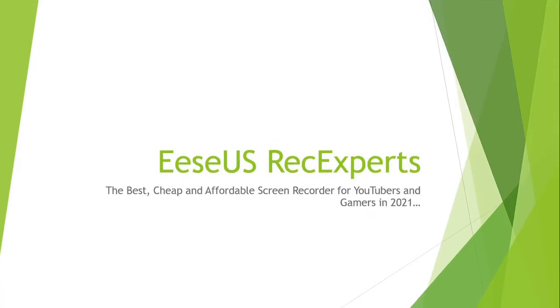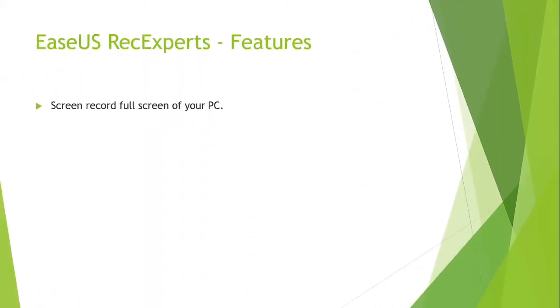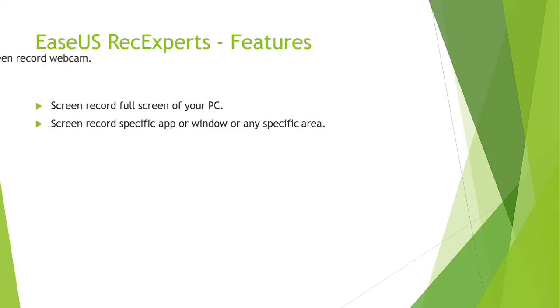Okay, now let's have a look at the features that make EaseUS Rec Experts the best affordable screen recorder. Screen record full screen of your PC. Screen record specific app or window or any specific area.